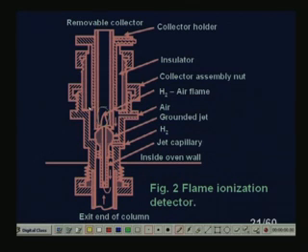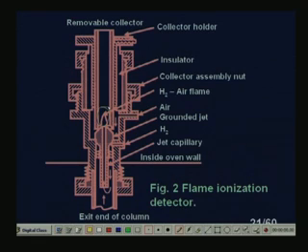The jet with air or oxygen, because air is coming through, is going down and burning. Ions and free electrons are formed in the flame, and these enter the gap between the two electrodes. We have two electrodes, the flame jet and the collector, which may be a parallel plate or might be cylindrical.